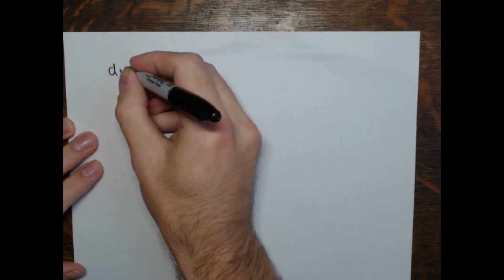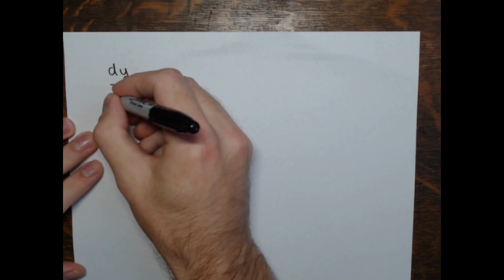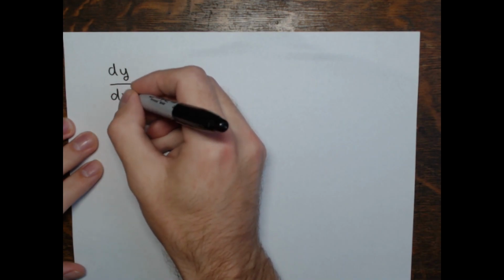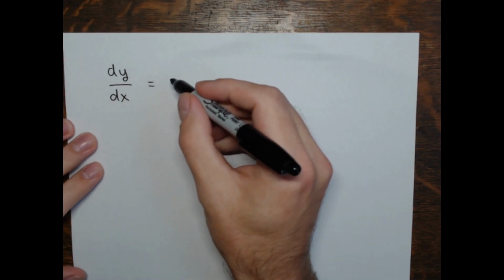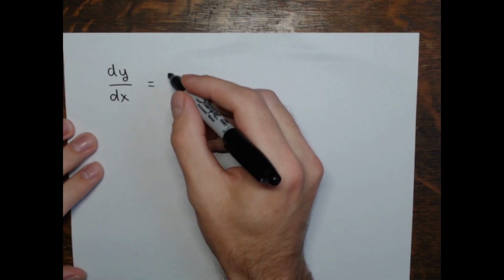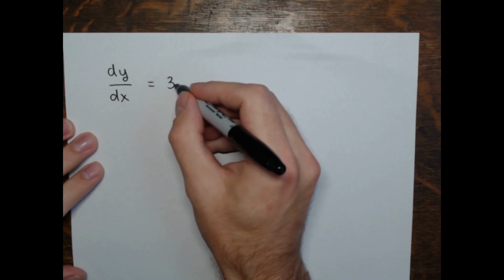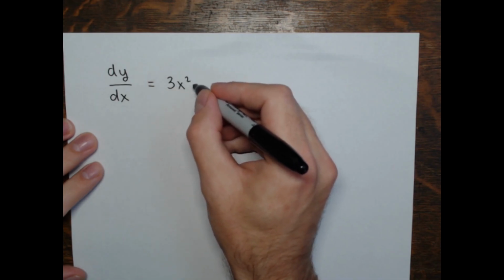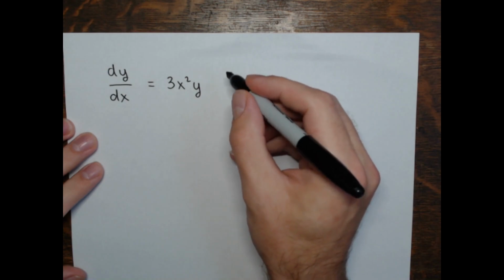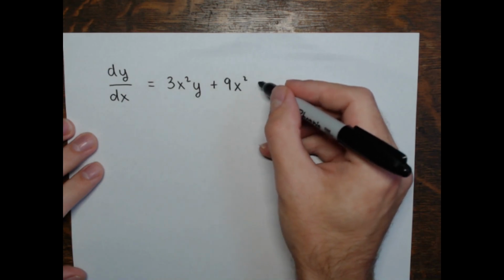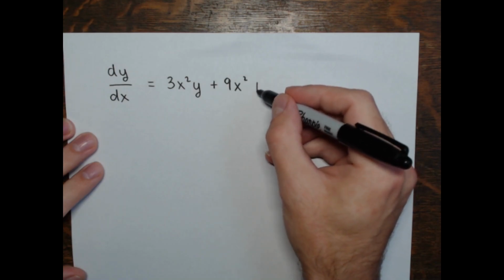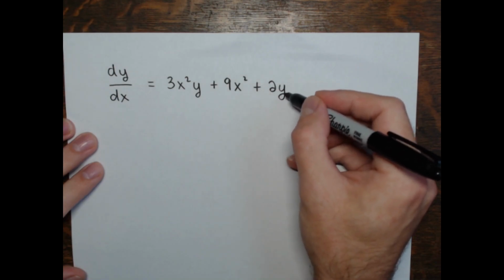Now I'm going to write it this way, right? dy over dx with differentials, right? That's y prime, first derivative, equals, and then the expression on the right side, got this polynomial in x and y, is 3x squared y plus 9x squared plus 2y plus 6.